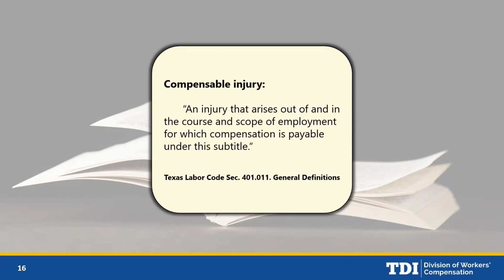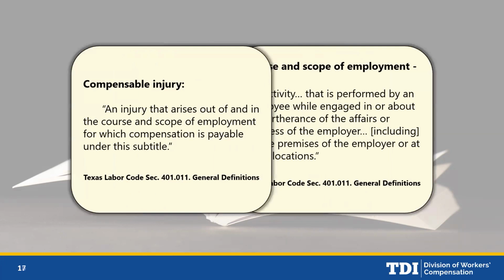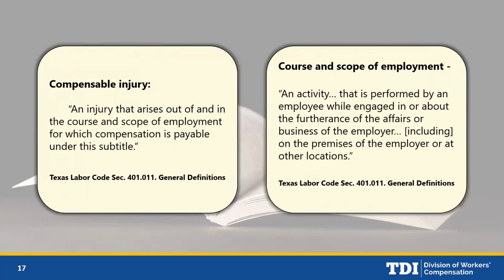In the workers' compensation world, if it's compensable, that means that some part of that injury is covered by workers' compensation. So compensable means that it is a workers' compensation claim meaning injury. You'll find that definition in the Texas Labor Code 401.011 and general definitions.